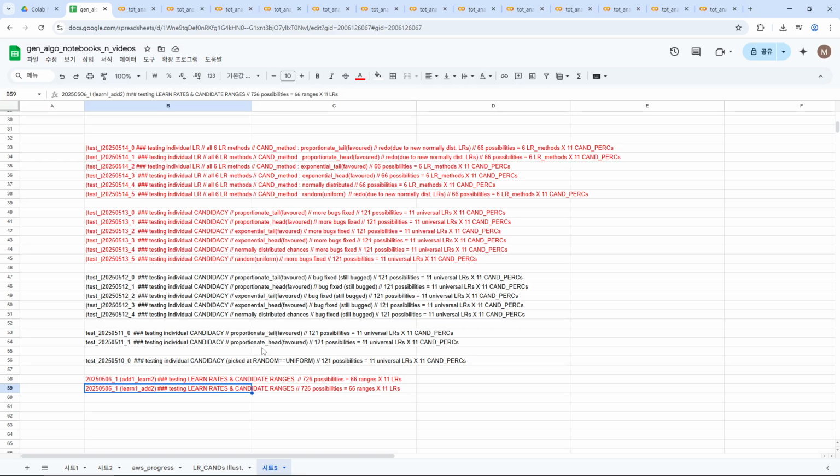The second option is where the learned candidates get to learn first from the pre-existing top 10% of the world, and then the newborns would be added to the front of the list.